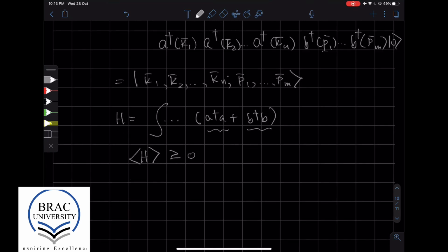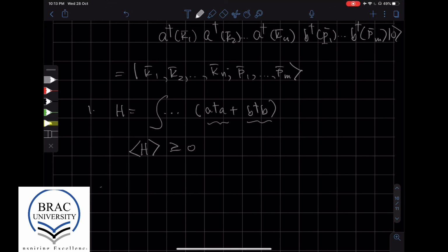That was number one. And number two is that, because of the absence of the reality condition for the complex scalar field, we can have in the Fourier expansion two types of operators, a and b, and of course their Hermitian conjugates.